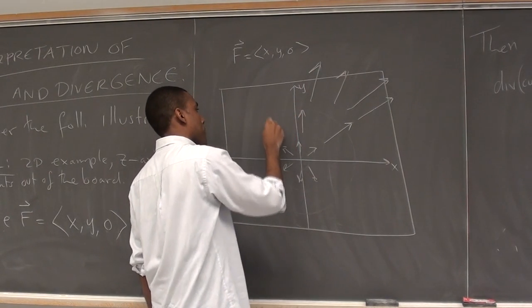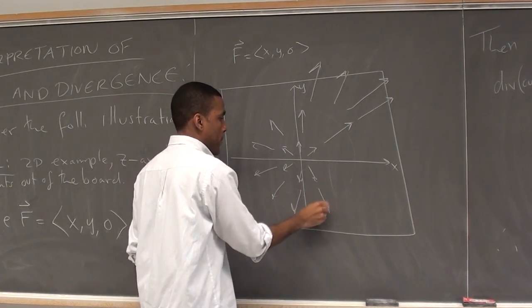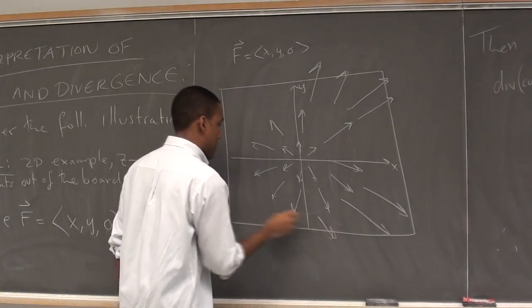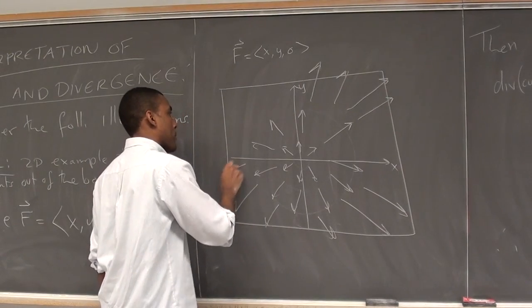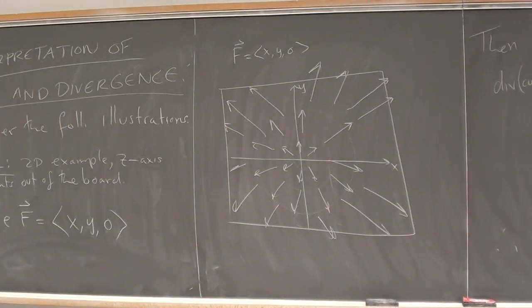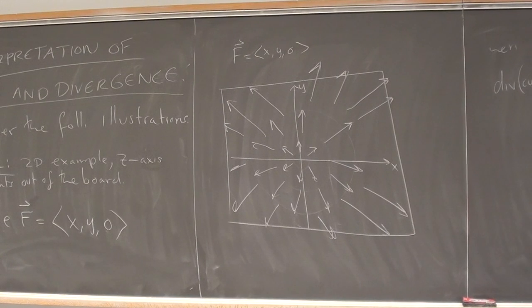There's a name for that. I forget. So that's an example of what that vector field would look like. Now let's see what the curl actually tells us about this guy.